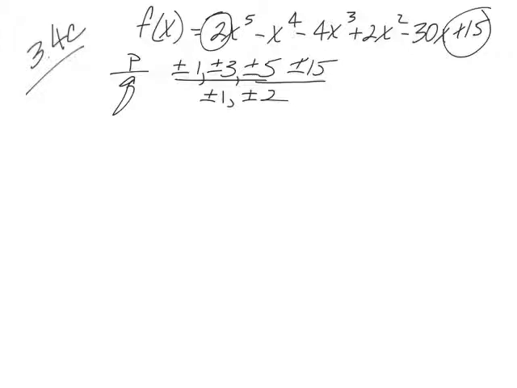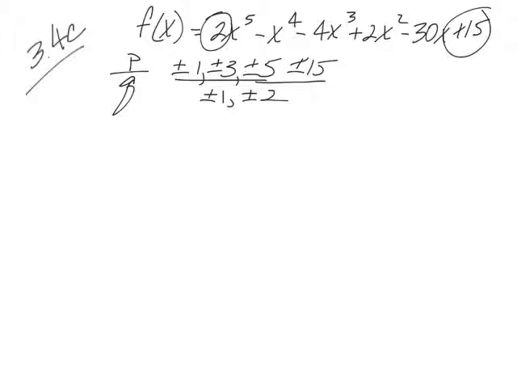So, again, any combination: plus or minus 1, 1 half, 3, 3 halves, 5, 5 halves, 15, 15 halves. Those are all the possibilities for p over q.